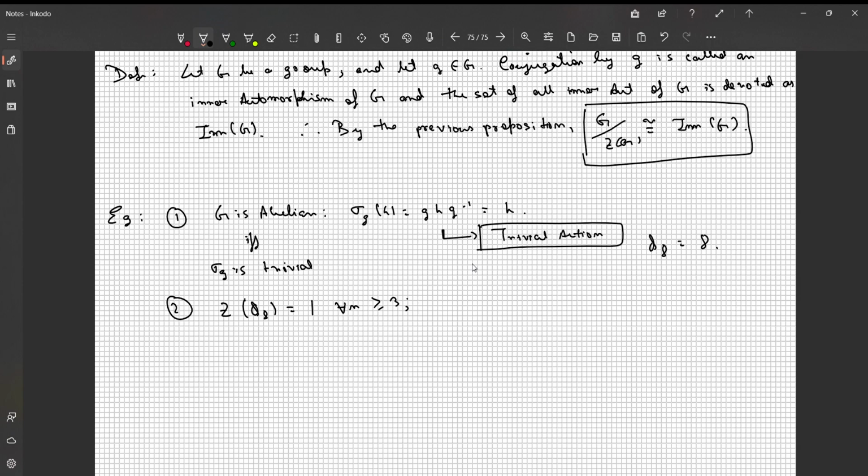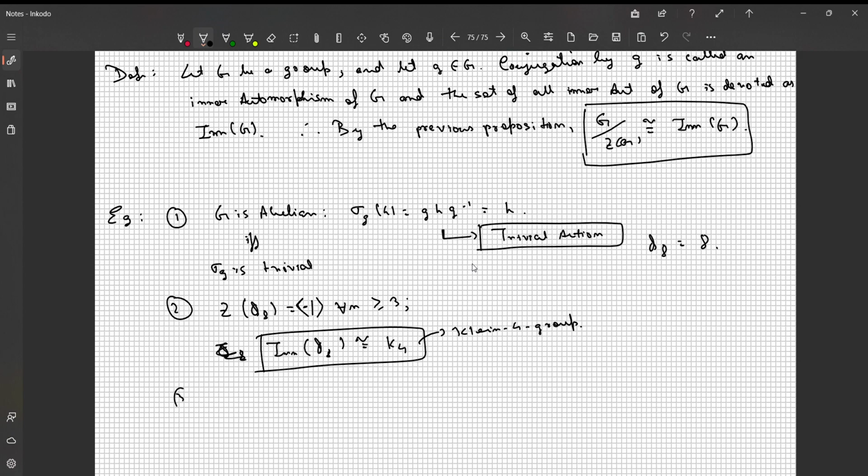The center consists of 2 elements, basically. Therefore, we can say that the inner automorphism group of Q8 is isomorphic to the Klein 4 group.